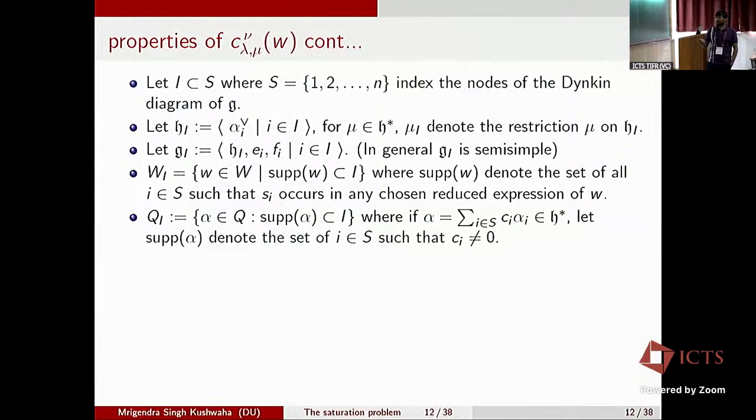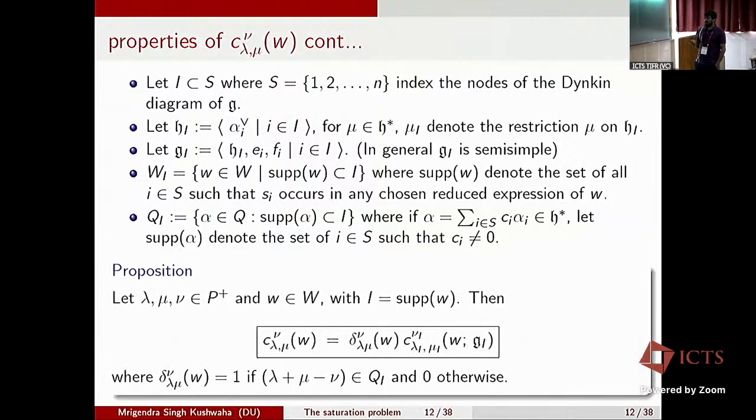And let Wi denote the collection of all Weyl group elements such that the support of W is contained in I. What is the support of W? You write any reduced expression for W, and whatever simple reflections show up, those indices in S are the support of W. So this Wi corresponds to the Weyl group of Gi. And let Qi denote the collection of all alpha in Q such that the support of alpha is contained in I. What is the support of alpha? If I write alpha as a sum of simple roots, then I collect all those indices where the coefficients ci are not equal to 0.